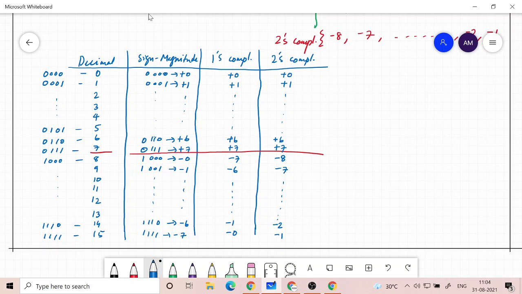The 3 bits are allocated for magnitude, and whatever that magnitude is, 0 0 0 means 0, 0 0 1 means 1. And if the MSB is 1, it means it is minus, but in 1's complement you have to know that it is minus 7. So this is a better representation. We claim that 1's complement and 2's complement representation is better.